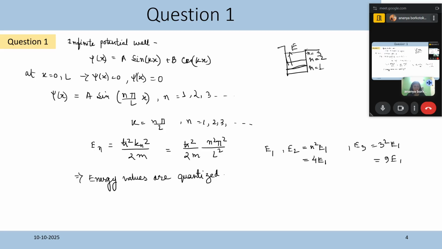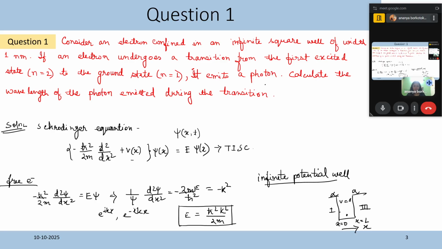So the difference between E1 and E2 and between E2 and E3 is not the same. So what is the difference between E2 and E1? This is 3E1, right?